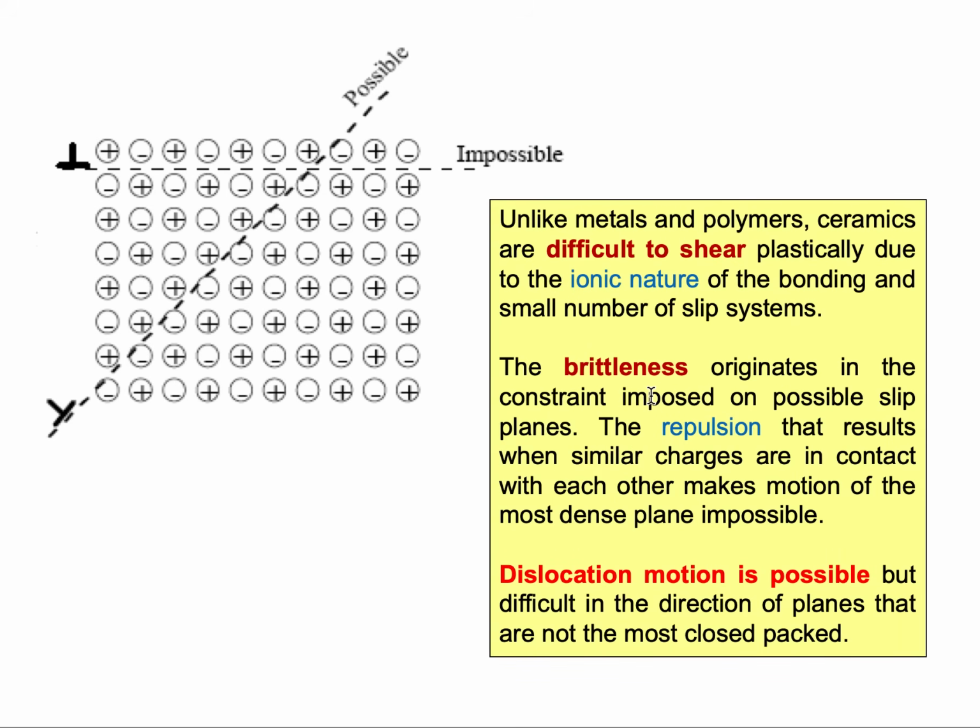So the brittleness originates in the constraint imposed on the possible slip plane because of the repulsion of the positive and negative ions. This is different from metallic bonding, and you can see this in a better picture in 3 dimensions.